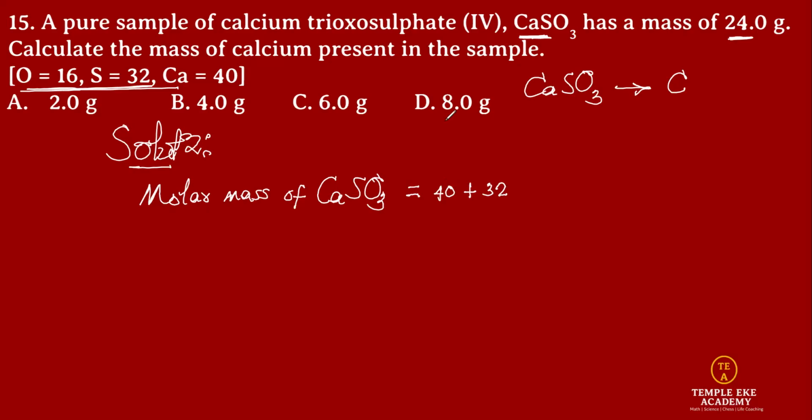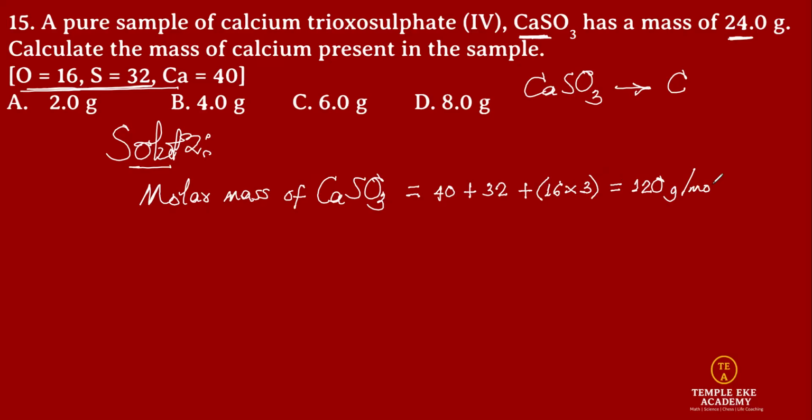So not the exact values on the periodic table. Plus, oxygen occurs 3 times, as we have seen. So we have relative atomic mass of oxygen, 16, multiplied by 3. And upon evaluation of this, 16 multiplied by 3 gives us 48. 48 plus 32 gives 80. 80 plus 40, 120. So the molar mass of CaSO3 is 120 grams per mole.